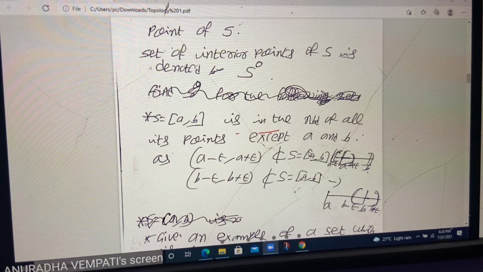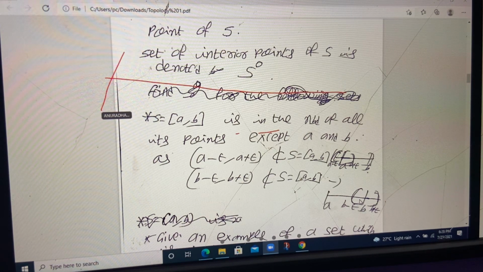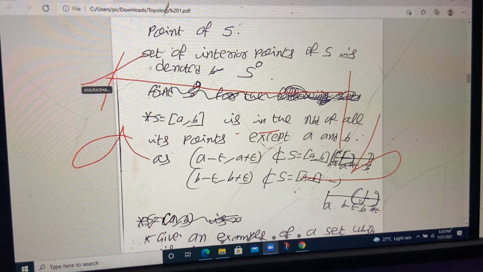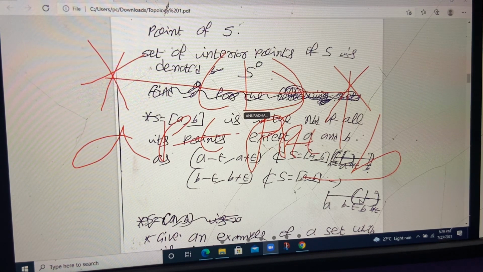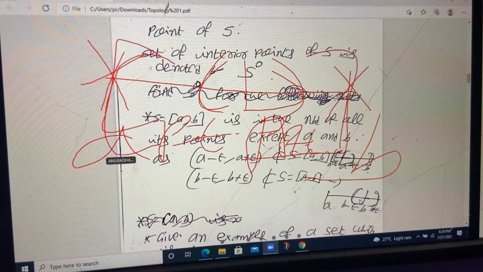So here A is not an interior point, B is not an interior point. Now, how about any point in between? Because closed interval means A, B, and anything in between. But if you take any point P inside, then the open interval P minus epsilon, P plus epsilon is inside this AB.